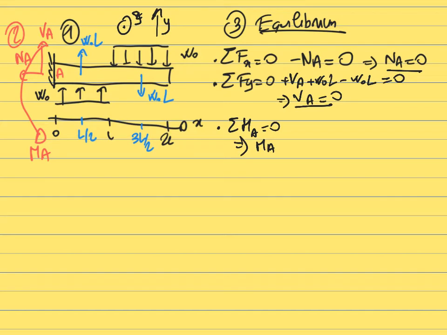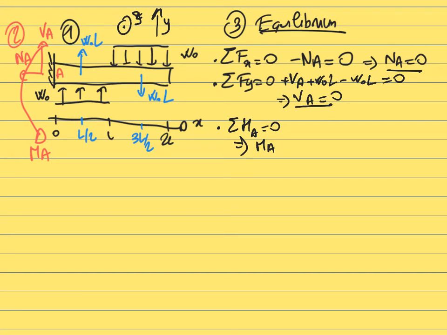Then VA and NA, first they are equal to 0, but even if they were not equal to 0, they would not have any moment about A because the point A is on their line of action. So forces do not create any moments about points that are on their lines of action. Then we have the moment associated with the distributed load between 0 and L. This is also going to create a moment with a positive projection according to the right thumb rule.